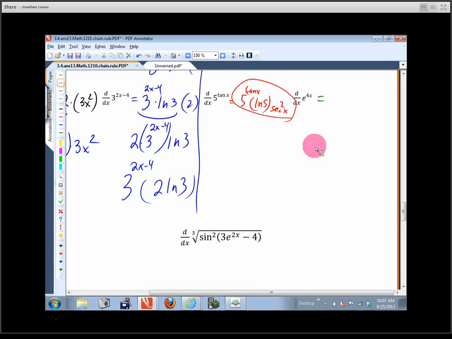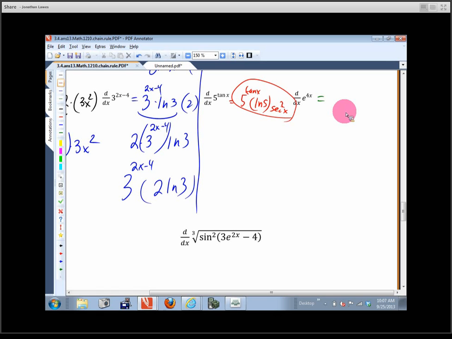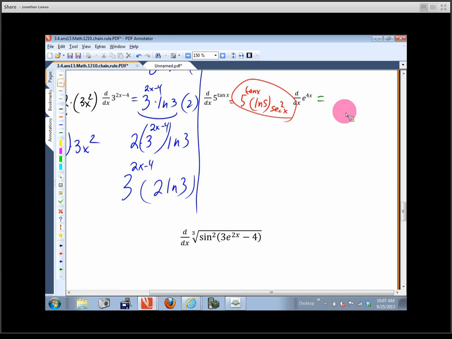e to the 4x. Okay, now again, I did one of these yesterday this way. I did one with an exponential base e this way. I realized the answer is 4e to the 4x. But what if we think about it this way? Okay, if you were going to remember a derivative rule for exponentials, you should remember that the derivative of an exponential is that exact same exponential times the ln of the base times the derivative of whatever we happen to be plugging into that.